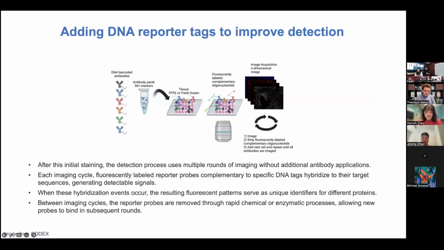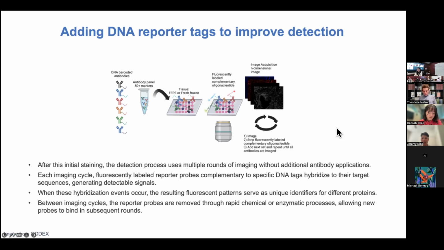And as it developed, people started to add more than fluorescent tags, because of the background, but also because what you can do to remove the signal was very limited. So they started adding DNA reporter tags on top of the detection antibodies. Instead of a detection antibody with the fluorophore, you have a DNA reporter tag that is already pre-attached to the antibody.